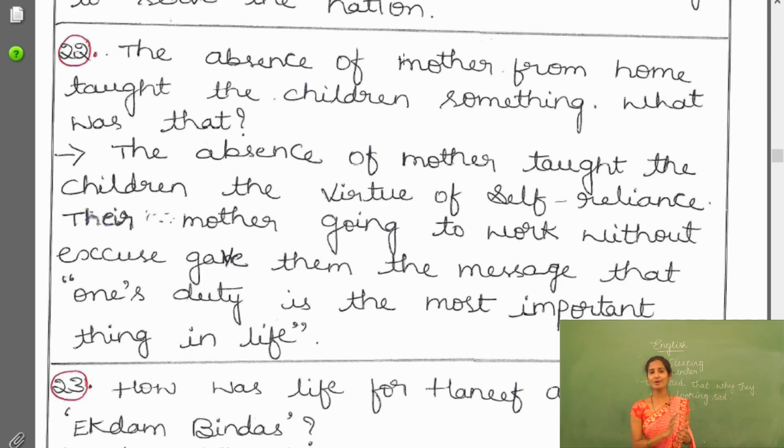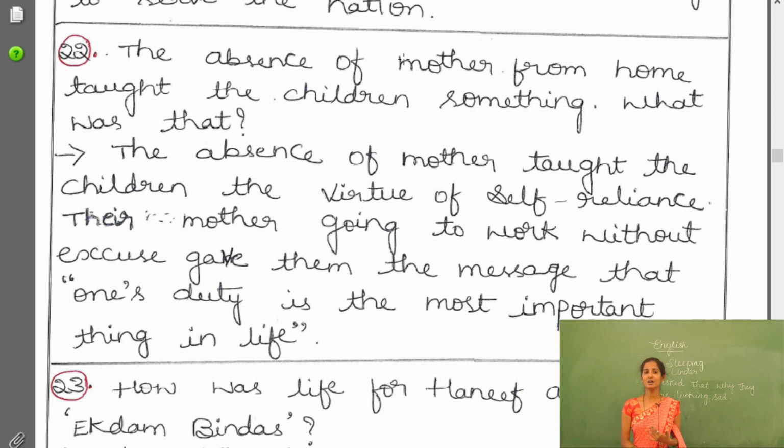In the 22nd question, you have to quote one perfect sentence: one's duty is the most important thing in life. That message was given by Hema Aziz. Because when Hanif lost his father, the breadwinner of the family, his mother left to earn. She had to earn; there was no choice.